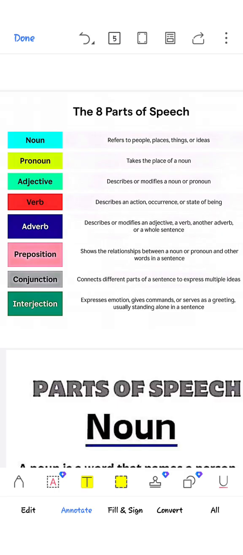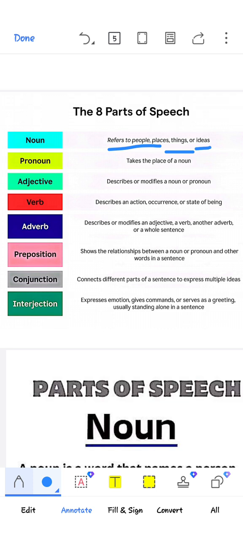First of all, here we will take a quick review of all 8 parts of speech. What is a noun? Noun refers to people, places, things or ideas. What is a pronoun? Pronoun takes the place of a noun, instead of repetition of the noun.